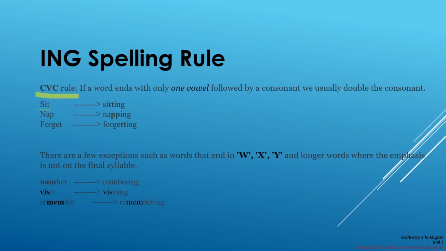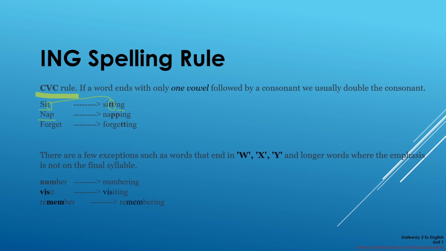So the bare infinitive sit, if we want to add the ing, it's obligatory for us to double the letter T that comes at the end of the verb. So as you may notice here, the letter T is doubled, sitting. So we have double T instead of one T.